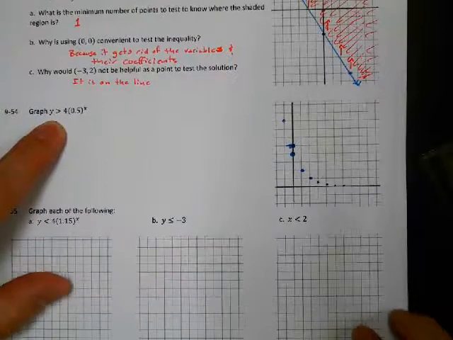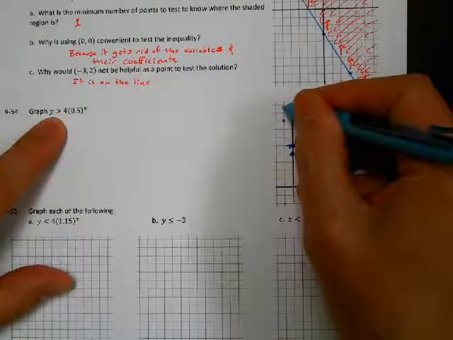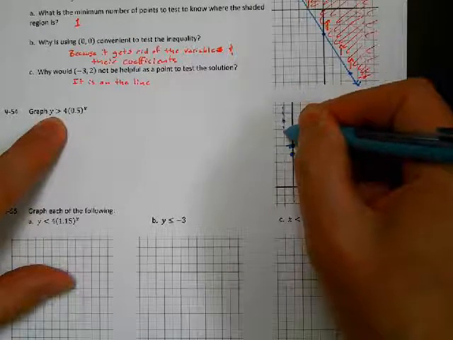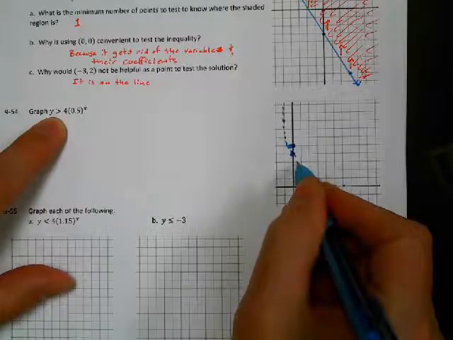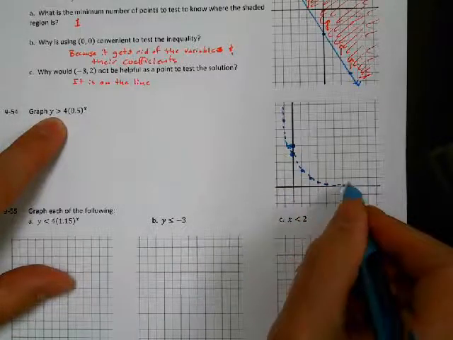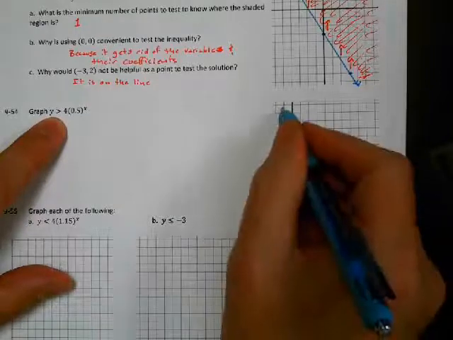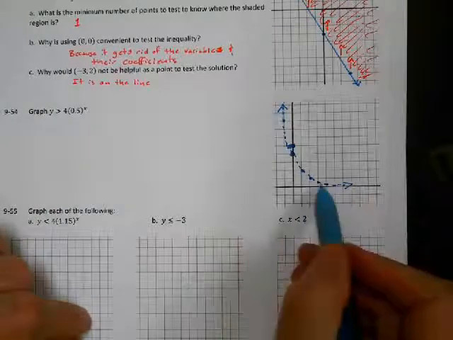And so looking at this one, it can't be equal to. So I should be making this into a dotted curve. So we're going to dot this thing. All right, so dotted because those can't be solutions.